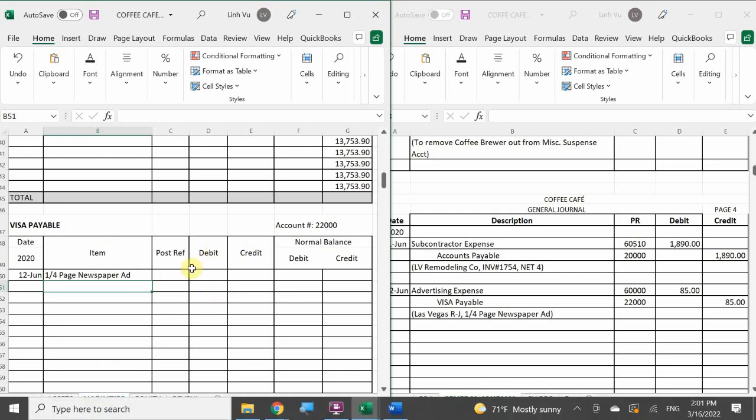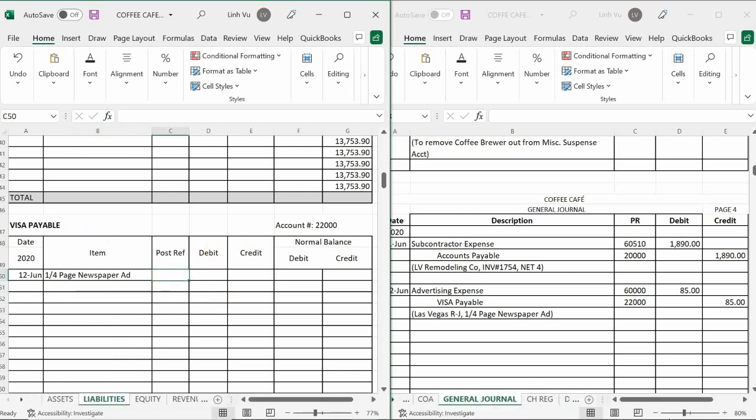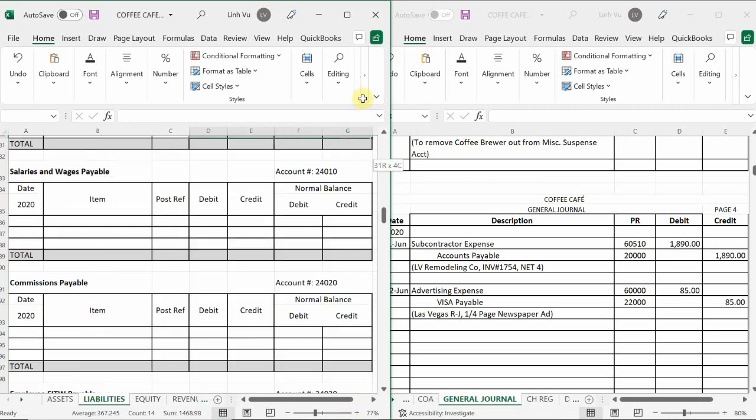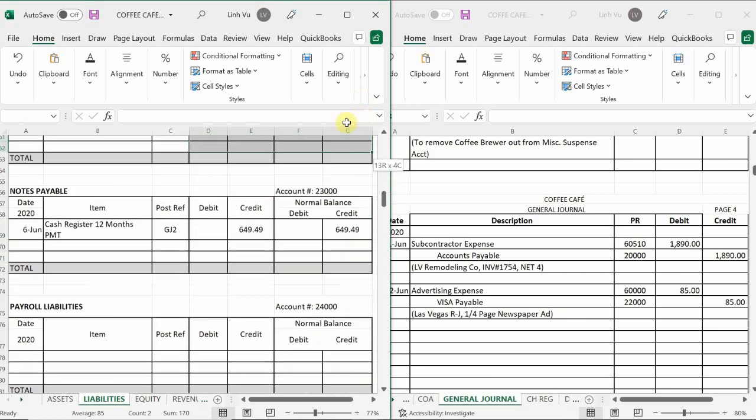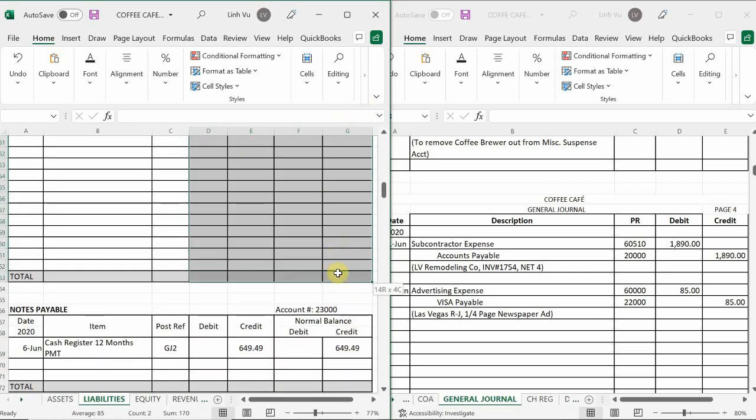Okay. All right. And then the post reference is General Journal number 4. And of course, because we increased our owing, we owe National Bank Visa credit card. We owe them for $85. So let's go ahead and I'm going to format this table here.